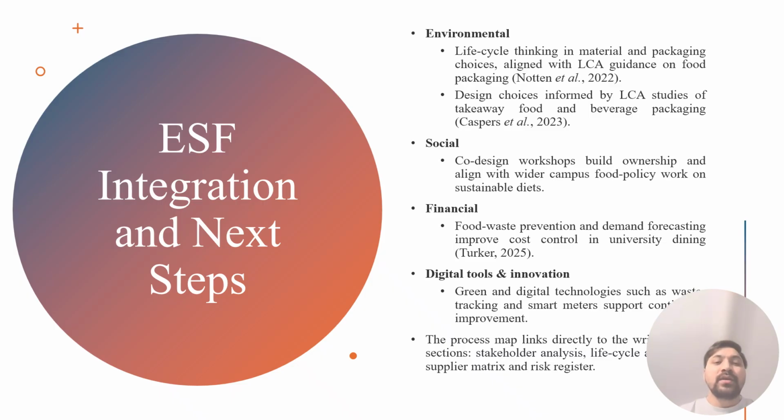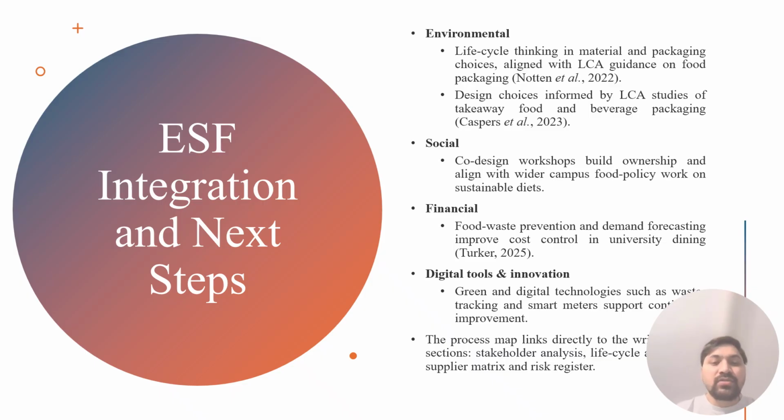This slide brings together the environmental, social, and financial strands and shows how they are embedded across the process map. From an environmental perspective, the project begins with a detailed waste and packaging audit. This creates a baseline for reduction in single-use items and food waste. The design phase includes specific tasks to set sustainability targets, such as the percentage reduction in disposable cups, the share of products available through refill, and targets for energy efficient equipment.